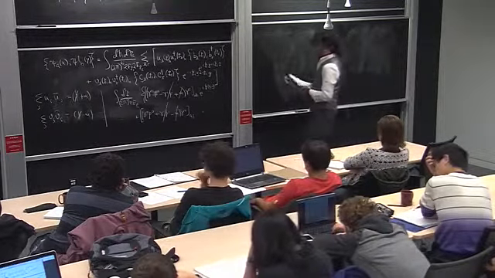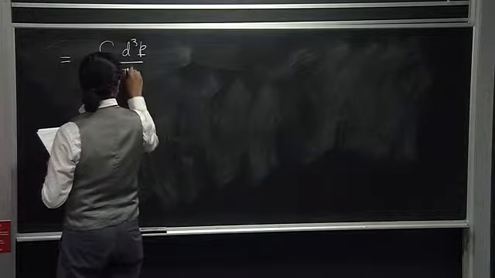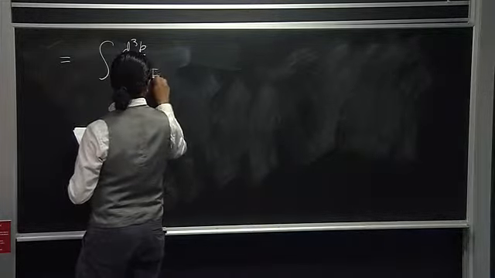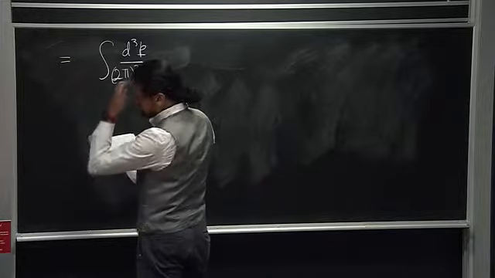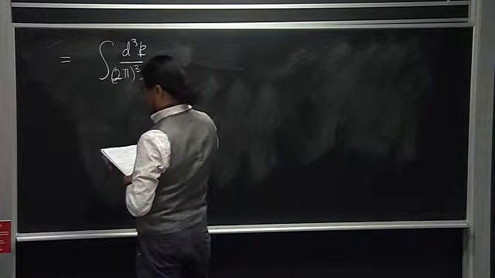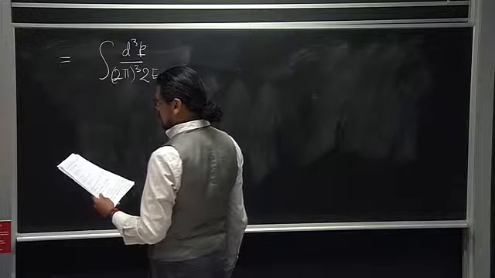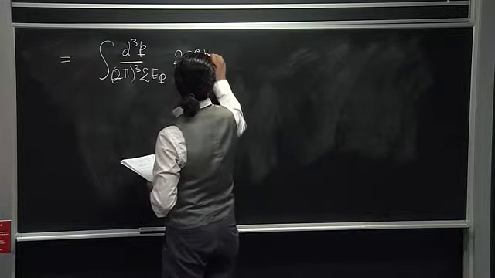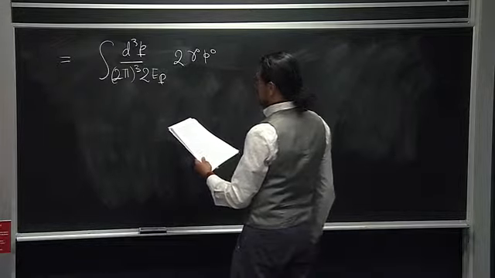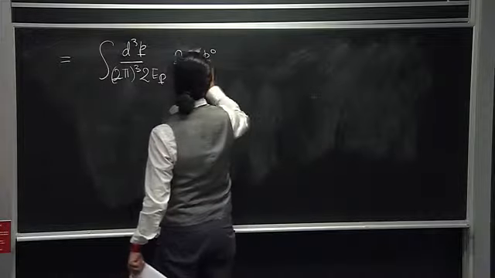Okay, so in the end we get d cubed p over 2 pi cubed, 2 E_p, and we have gamma naught P naught, and oh yeah, this gamma naught will multiply this gamma naught to give me an identity matrix.